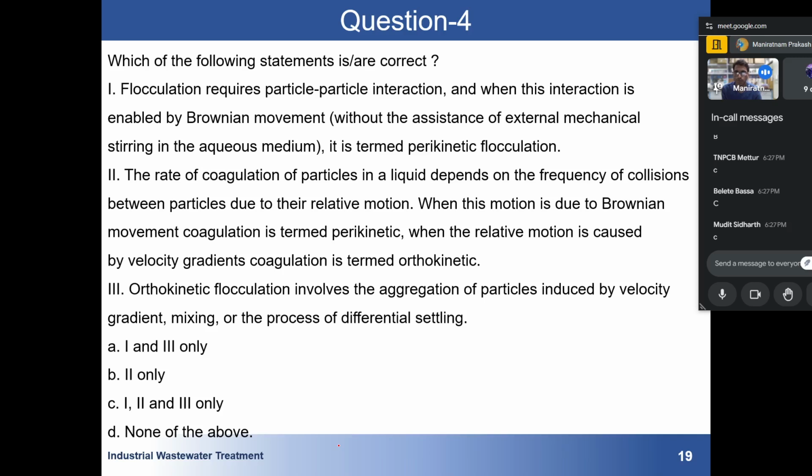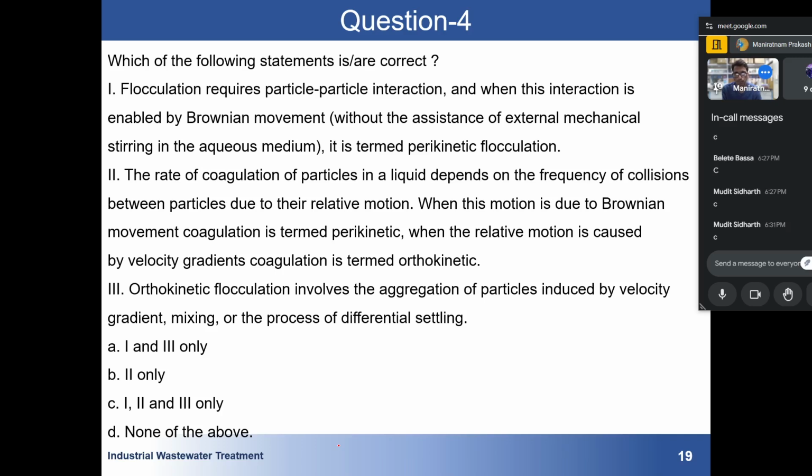Then the rate of coagulation of particles in liquid depends upon the frequency of collision between the particles due to their relative motion. When this motion is due to Brownian movement, coagulation is termed perikinetic. When the relative motion is caused by velocity gradient, it is called orthokinetic. Orthokinetic flocculation involves the aggregation of particles induced by velocity gradient mixing or the process of differential settling.